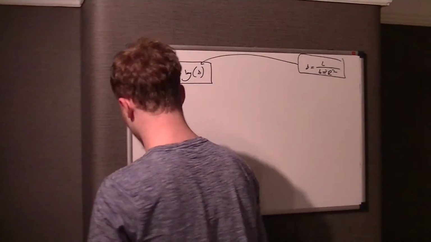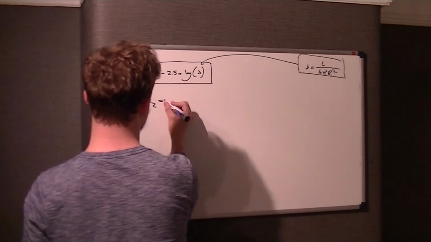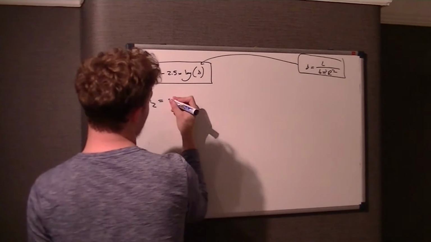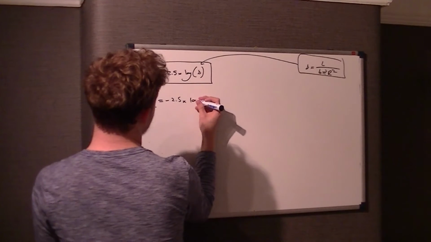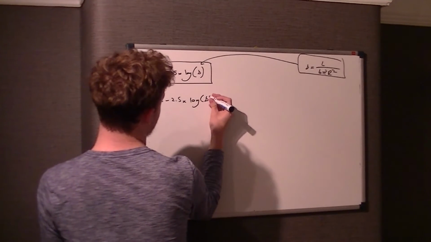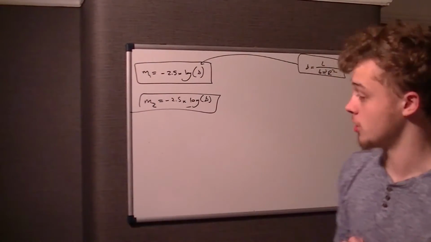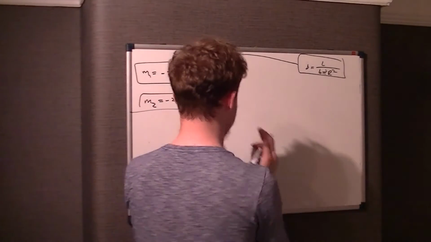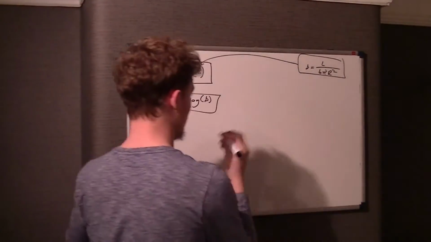So if we call that M1, apparent magnitude of star 1, and apparent magnitude of star 2, M2, same equation, okay, obviously the brightness will be different. You just take the two equations away from each other, and because they're to do with logs, when you take away logs, you divide what's being logged.